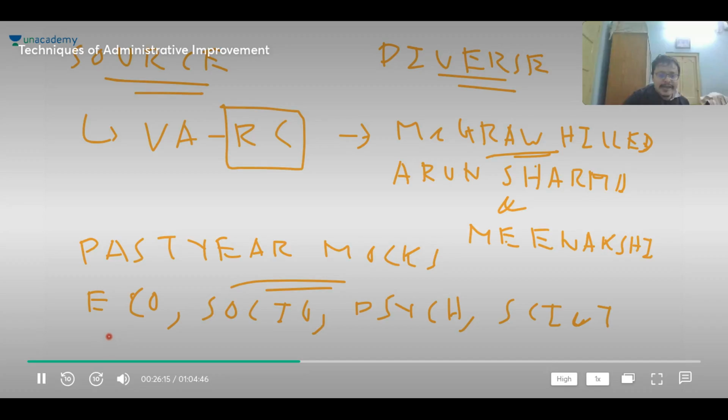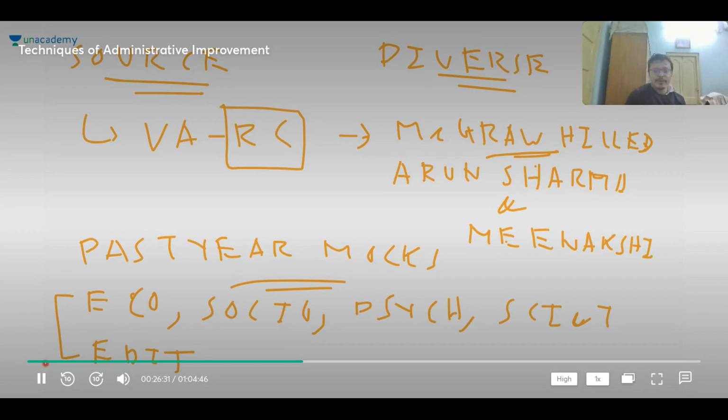So these are the key areas in which they come, and maybe a bit of normal editorial type writing. So it's very important that you get accustomed to each of these types of areas of writing.